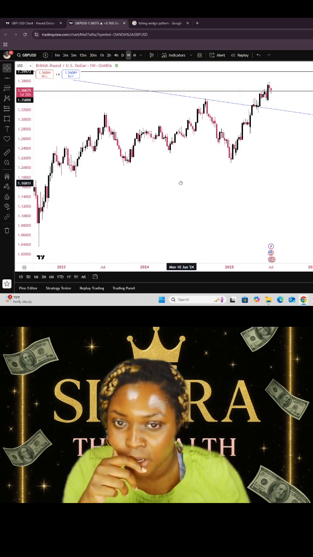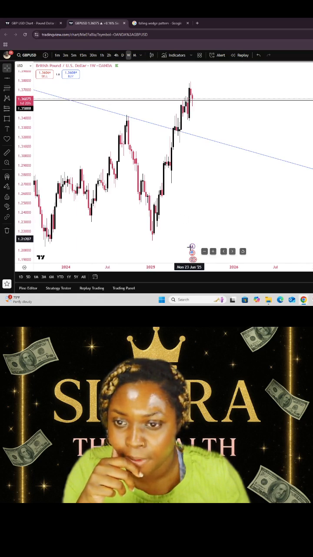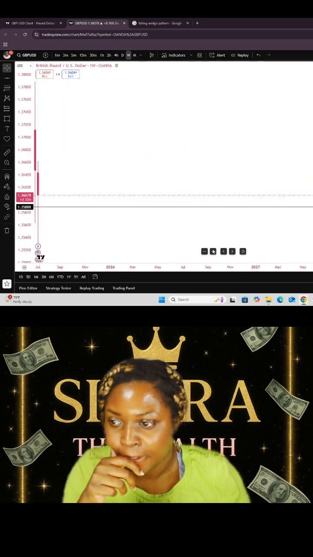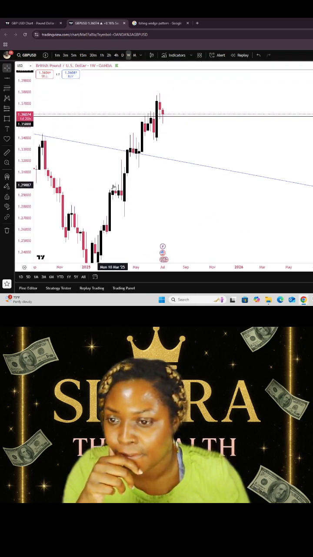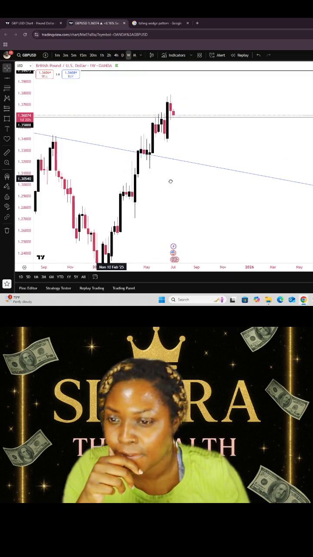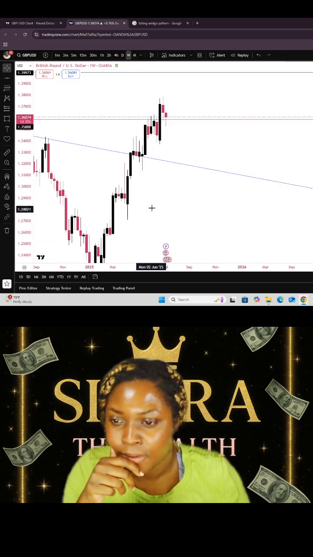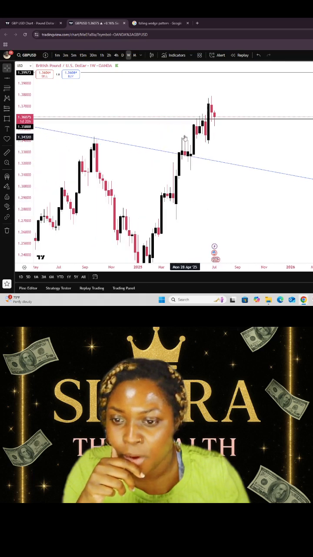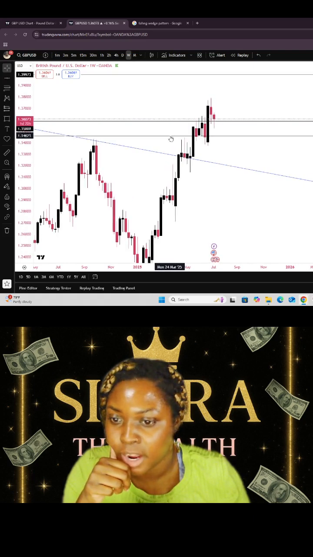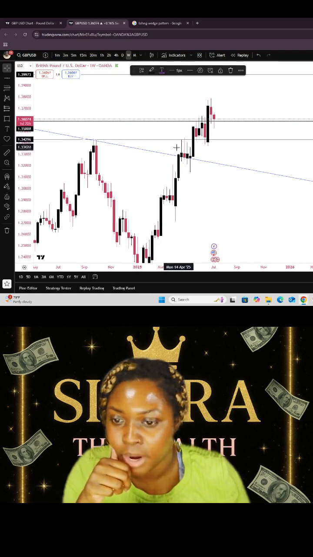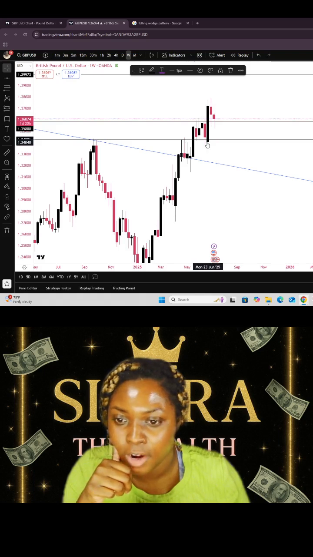All right, now I'm gonna come down to my weekly time frame. Here on my weekly, I can tell right here that this was the area that price needed to break, right, in order to go higher and retest.